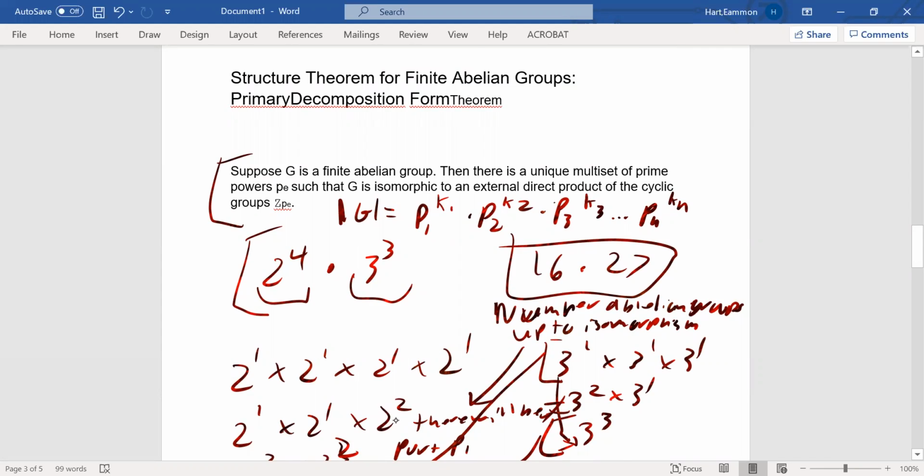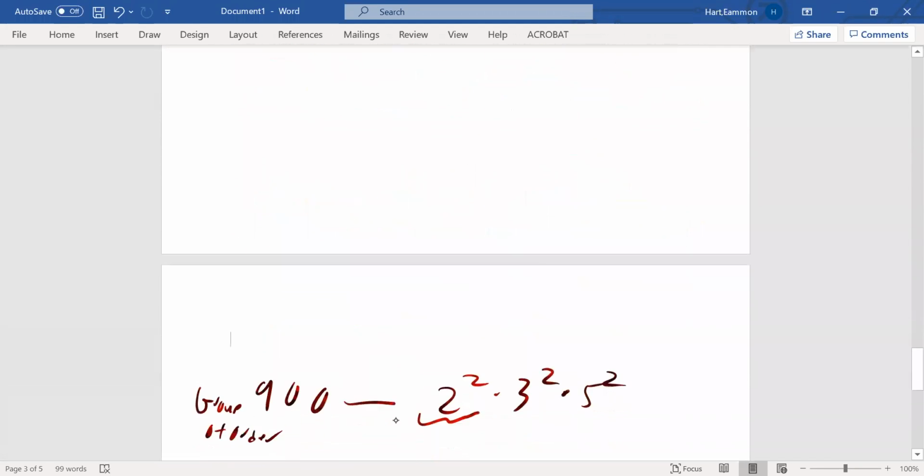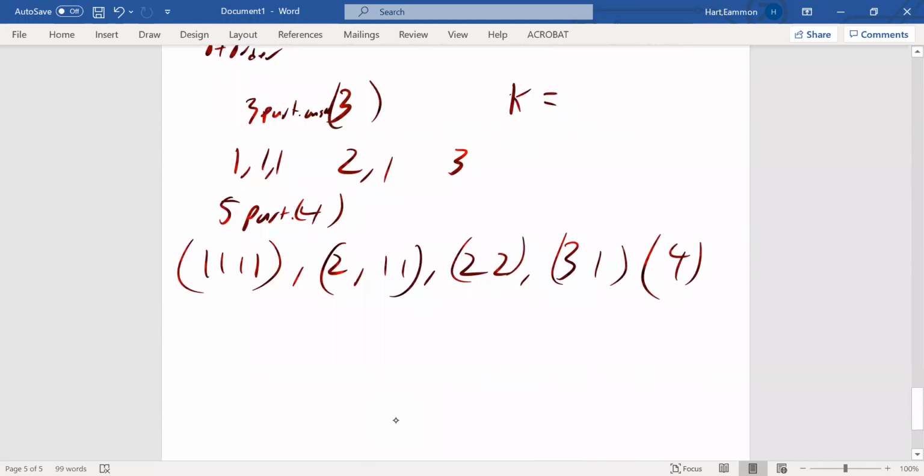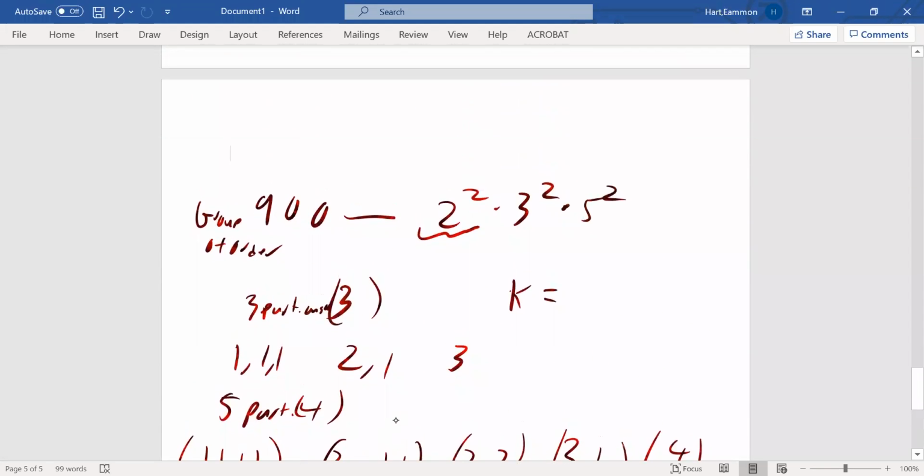So what we were doing, the 900 example. This is actually an incredibly simple example because there are just 2 partitions of 2. We can have 1, 1, or we can have just 2. So how many different abelian subgroups up to isomorphism are there of 900?